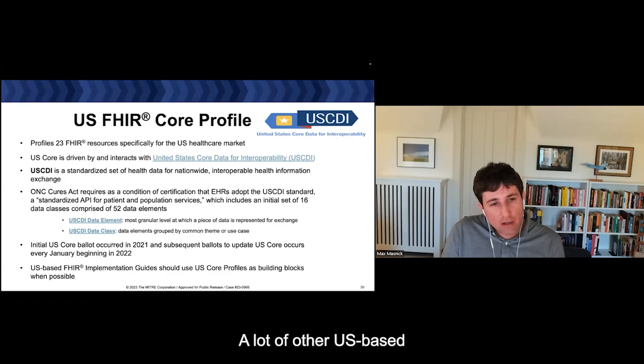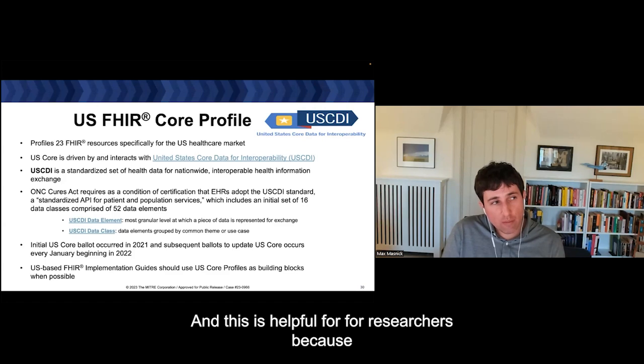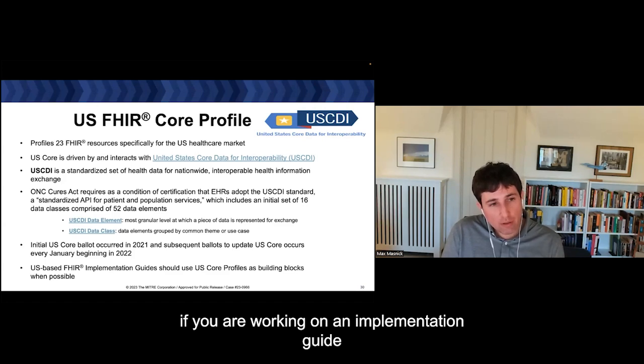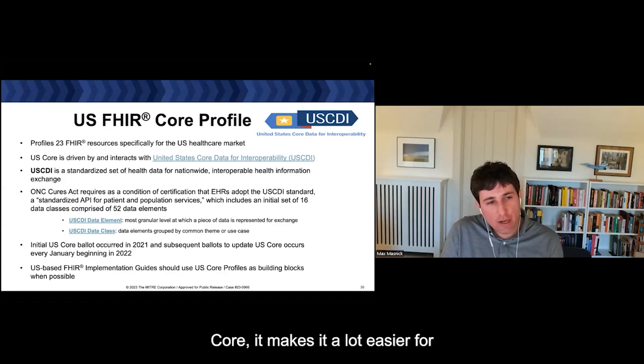And a lot of other US-based FHIR implementation guides are actually based off of US Core. And this is helpful for researchers because if you are working on an implementation guide or you're using an existing implementation guide and it's already based off of US Core, it makes it a lot easier for an EHR vendor to actually implement if it's not already implemented.